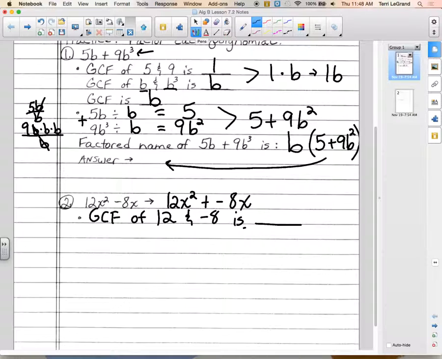And then we have our variable parts. What's the GCF of x squared and x?